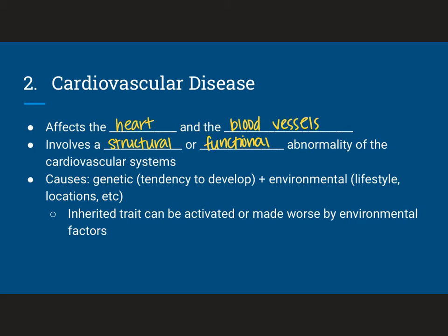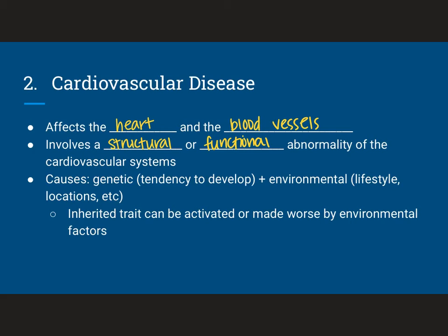The causes of this disease are both genetic and environmental, which means you'll have genetic components or a tendency to develop certain conditions, and you'll have environmental factors such as what you eat, how you exercise, where you live, and things like that. Your inherited traits can be activated or made worse by the environmental factors.